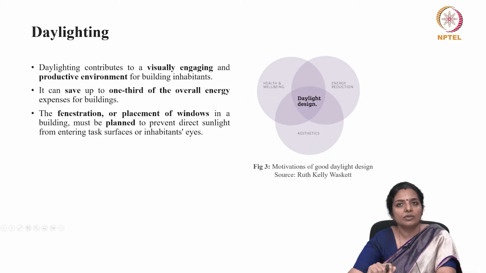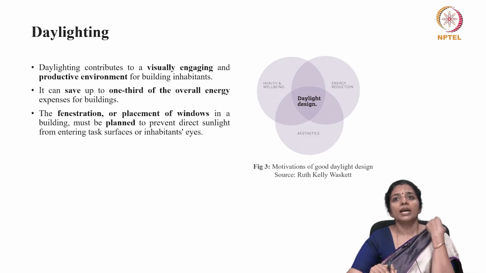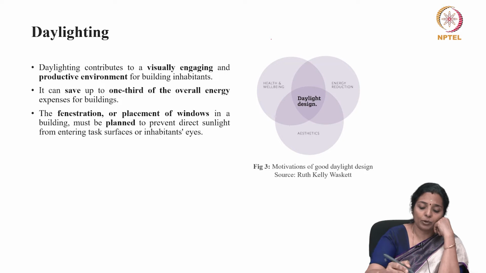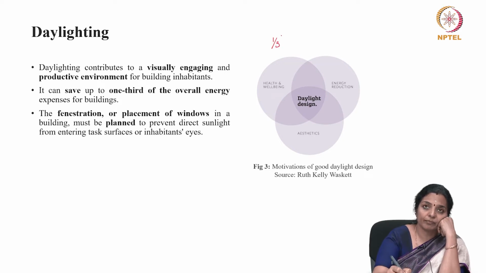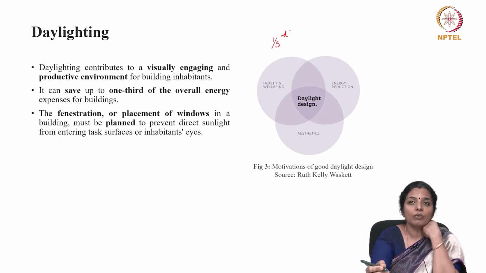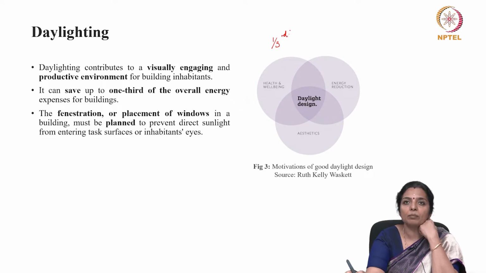Daylighting contributes to a visually engaging and productive environment for building inhabitants. It can save up to one-third of the overall energy expenses for the building. The fenestration, or placement of windows, in a building must be planned to ensure adequate sunlight enters the building.